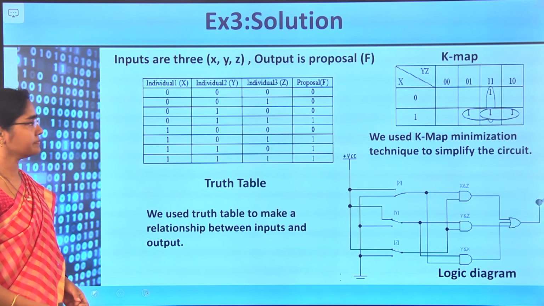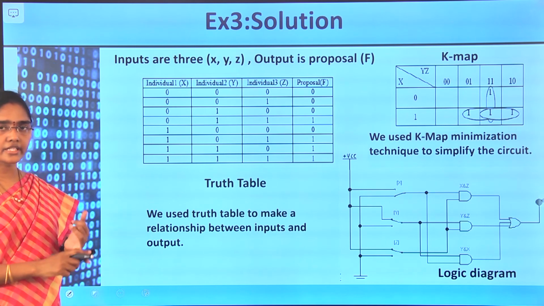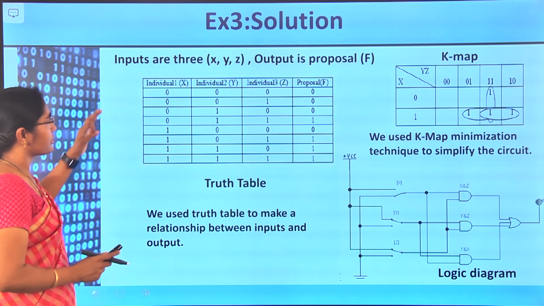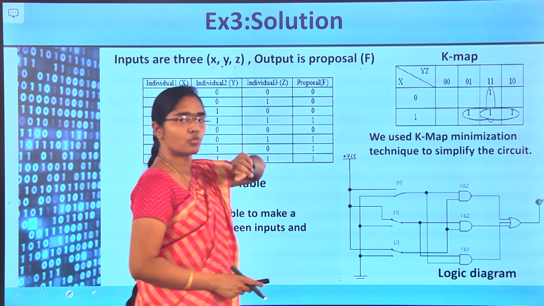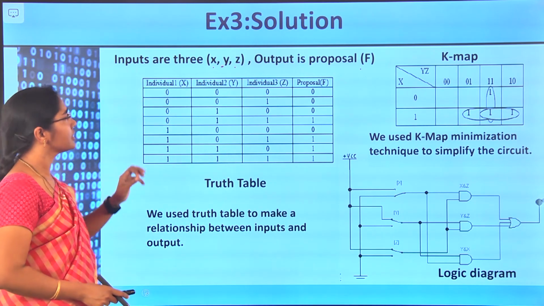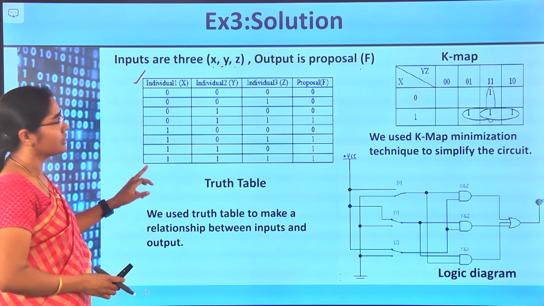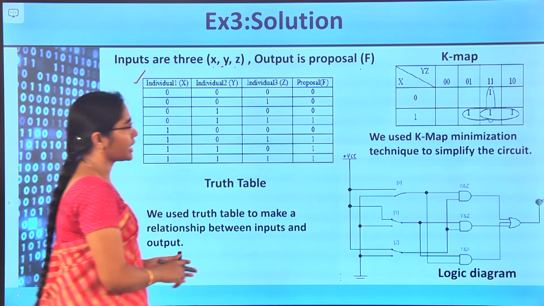Okay, let us review. What is our procedure? The first step is the statement, finding the number of inputs and number of outputs. Number of inputs are 3, x, y, z, and number of outputs is 1. For the output we have taken F, and the relation is captured using the truth table, and this truth table is minimized using the K map.